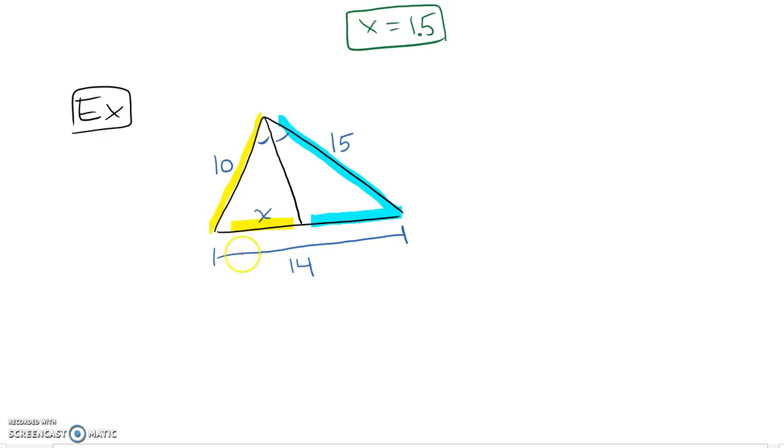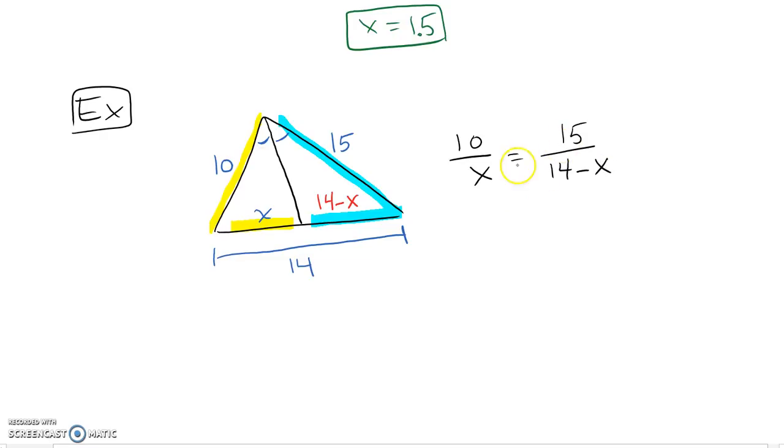So what we do know is that 14 goes all the way across the bottom, but the first part of it's x. That means 14 minus x is the part that we were missing. Now I'm ready to do the problem. 10 over x is 15 over 14 minus x.